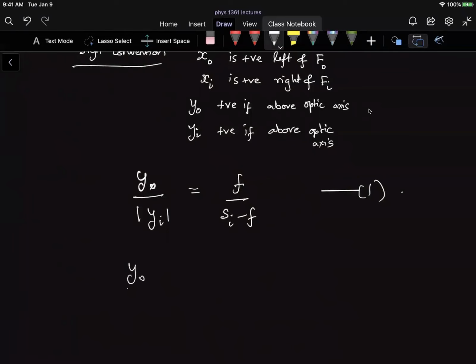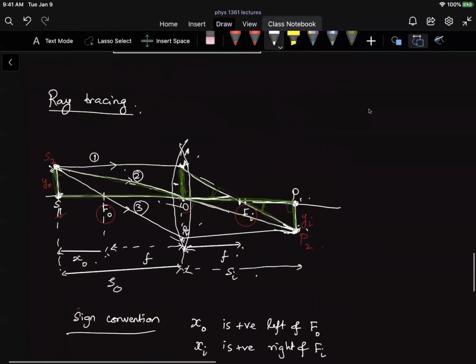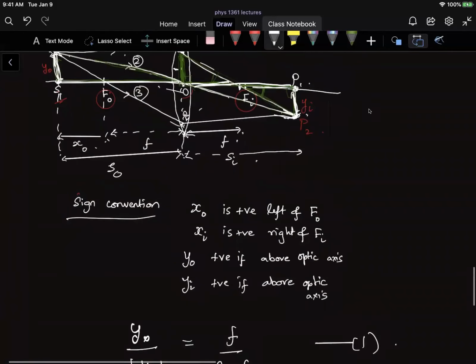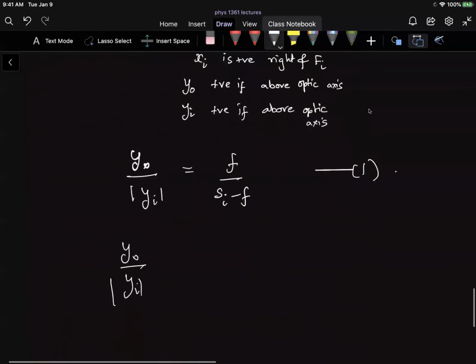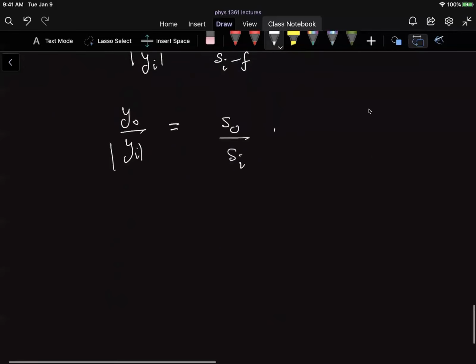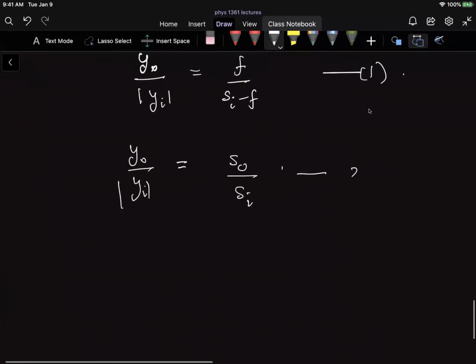Therefore we can make a similar argument. Now the two sides that are in the right ratio are this side over here and this side over here, which should be in the same ratio as this side and this side, right? The distance of this side is SO, the distance of this side is SI. So YO divided by YI should be SO divided by SI, and therefore we can equate from equations 1 and 2.